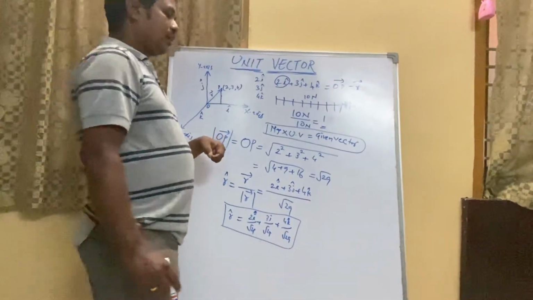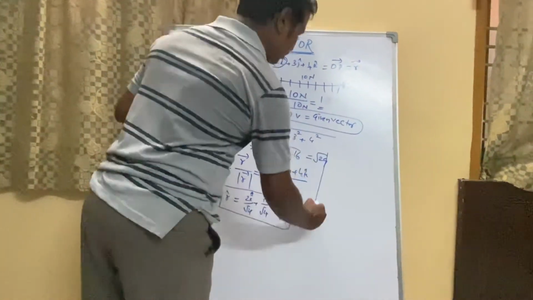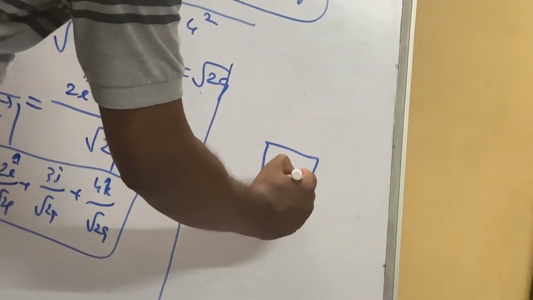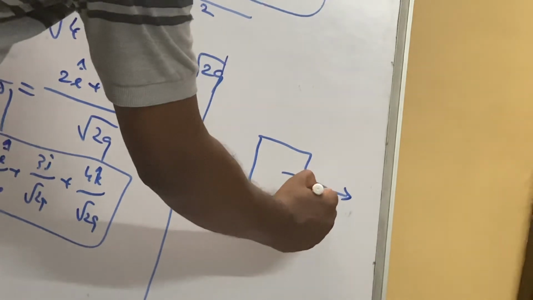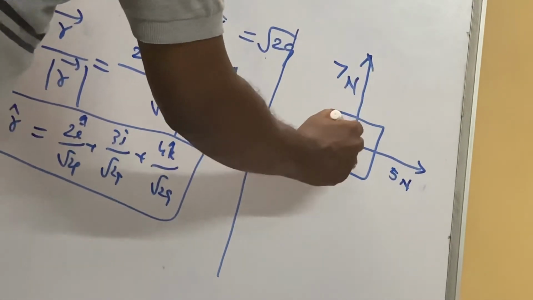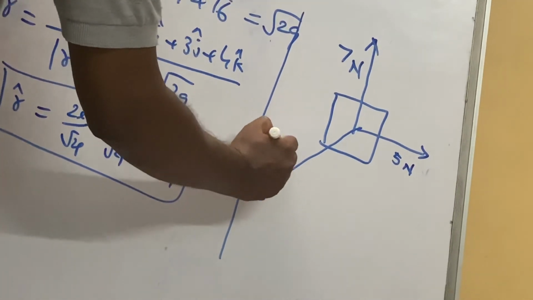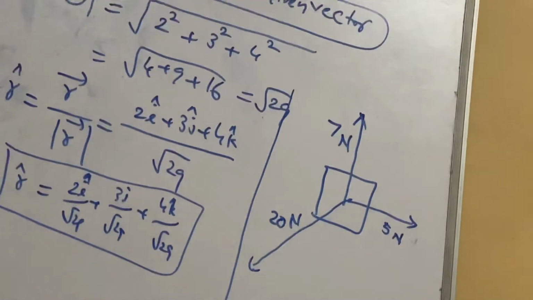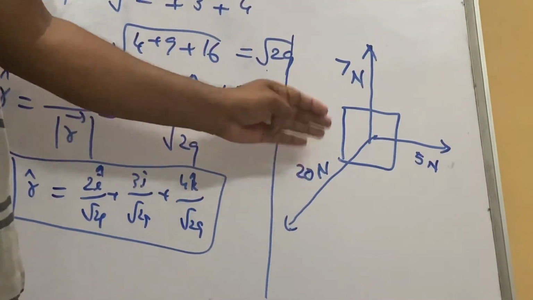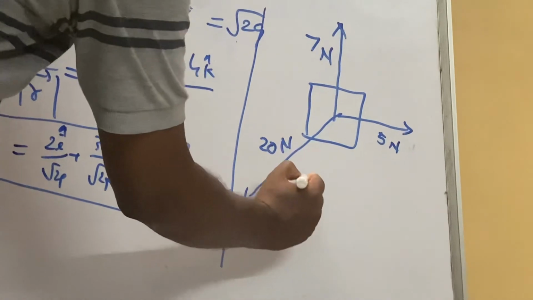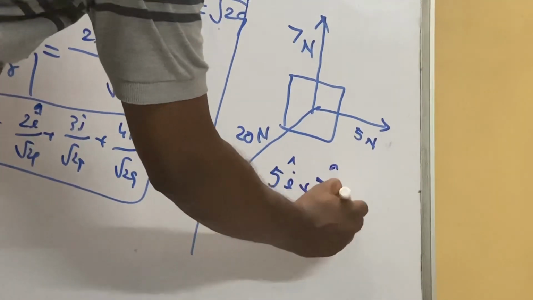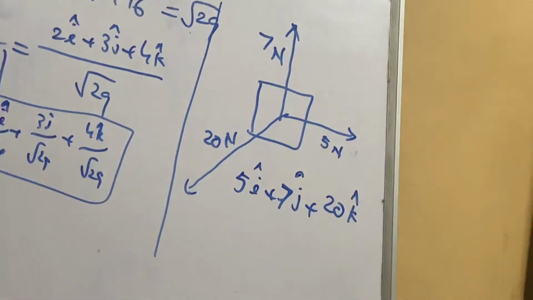Now suppose a force is acting here: 5 Newton along the x-axis, 7 Newton along the y-axis, 20 Newton along the z-axis. Write the vector, just practice here: 5i cap plus 7j cap plus 20k cap.